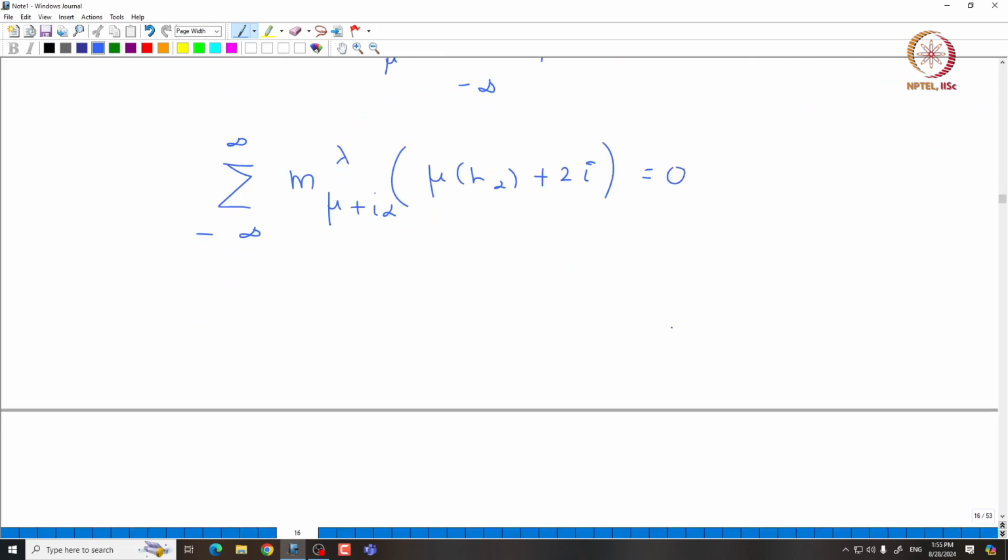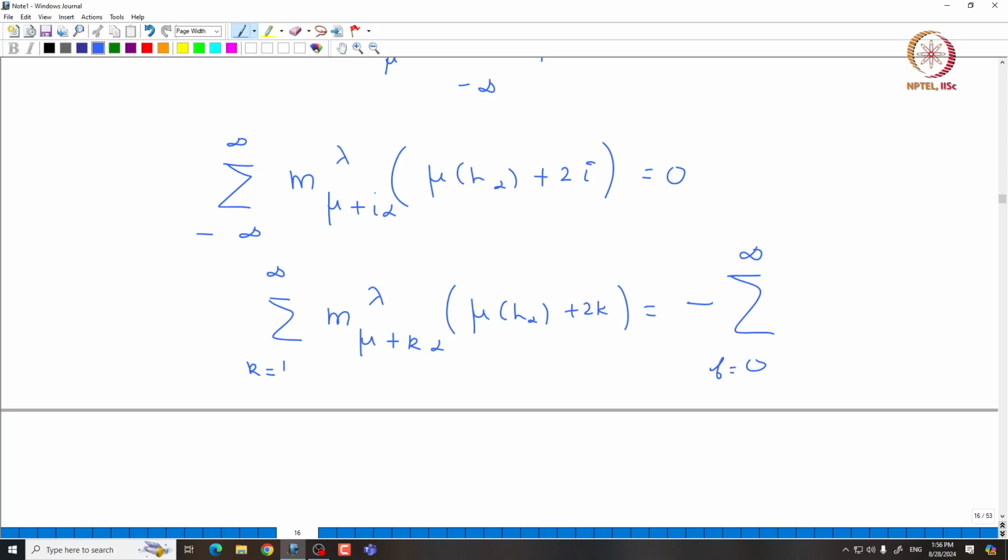So, if you keep the summation from 1 to infinity here, where let us say k ranges from 1 to infinity, then this is going to be the multiplicity of mu plus k alpha in lambda times mu of h alpha plus 2k. So, this is exactly equal to minus the summation, where let us say b equals 0 to infinity, of the multiplicity of lambda, mu minus b alpha, times mu of h alpha minus twice b.